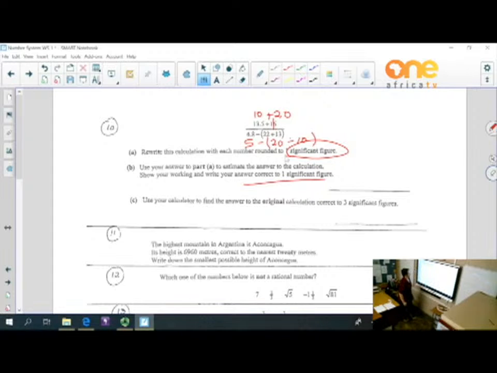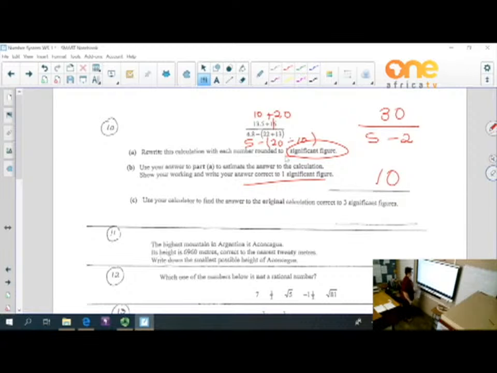So it's 10 plus 30, divide by 5 minus 2 that we're going to do there. I have it that it's 30 over 5 minus 2. You see, 20 divided by 10 is 2. So 30 divided by 3, and that will give us an estimated answer of 10.